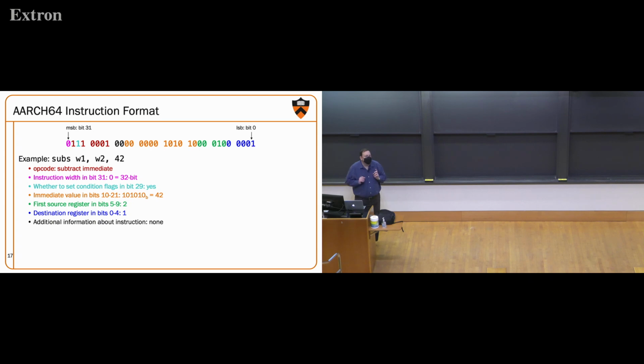So in order to interpret that, you have to start counting exactly which bits correspond to that immediate value, extract that as a binary number, convert it to decimal, and understand what it is telling you. So in this case, we have a bunch of zeros, 1, 0, 1, 0, 1, 0. Calculate that out. That corresponds to 42 decimal.